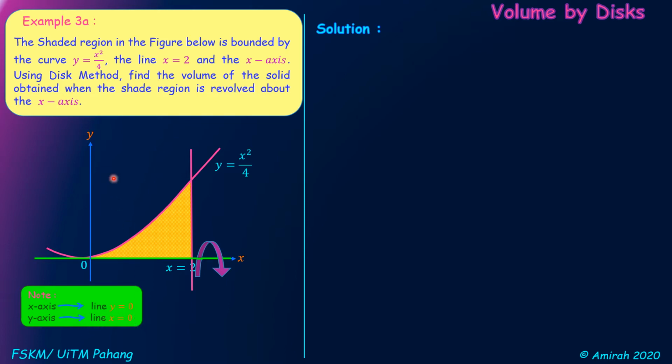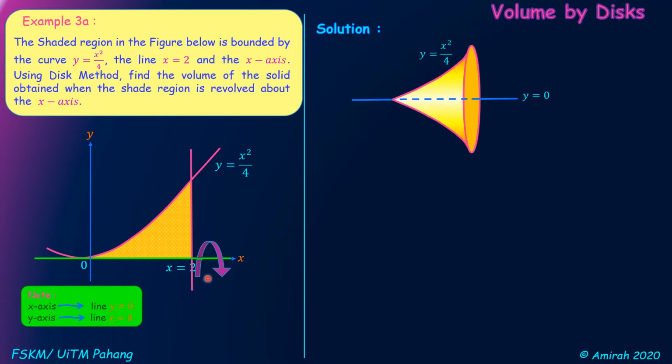To solve this, we need to write the x-axis as the line y equals 0. After rotation, we get this diagram. Y equals 0 here means the x-axis, which is the axis of rotation. This is the given curve.